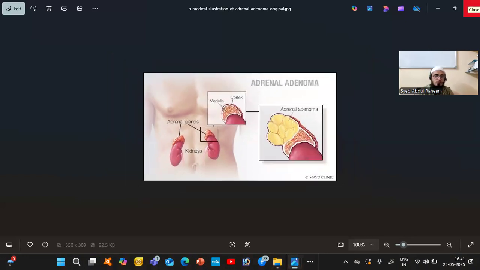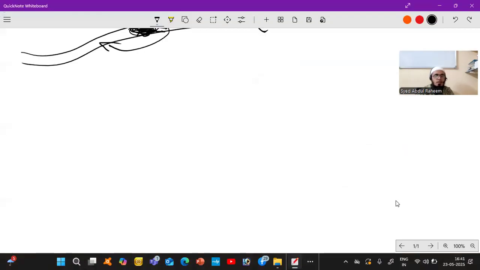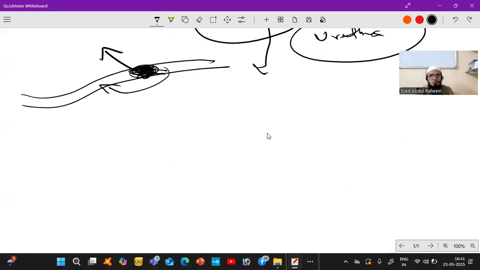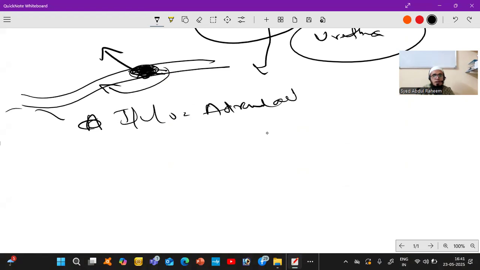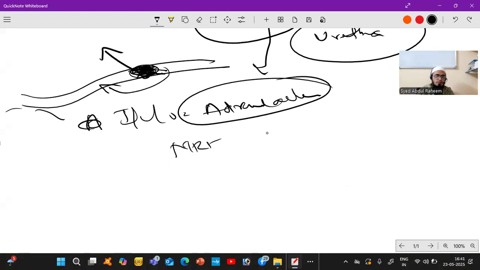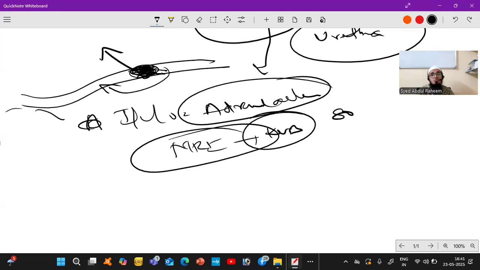This is the most common disease nowadays. So what is the investigation of choice? The investigation of choice for adrenal adenoma is MRI of KUB, because it is soft tissue.